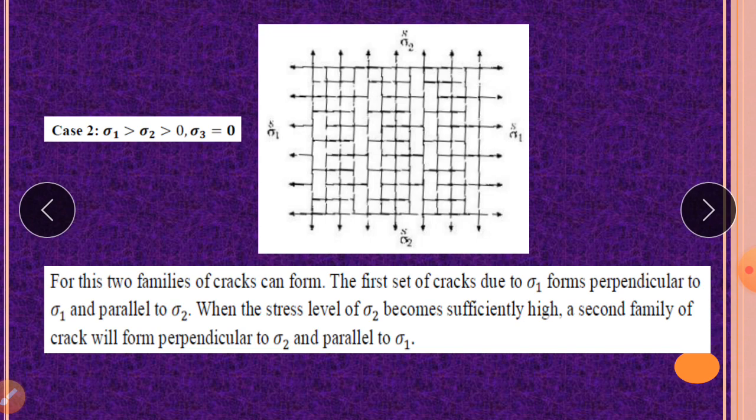Because of that, the stress is more in that direction, and the crack patterns appear according to the diametrical stress. That is because of hoop stress. Sigma 1 is the hoop stress, which is twice, meaning double, larger than sigma 2.